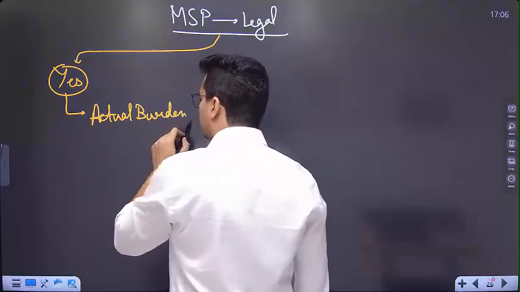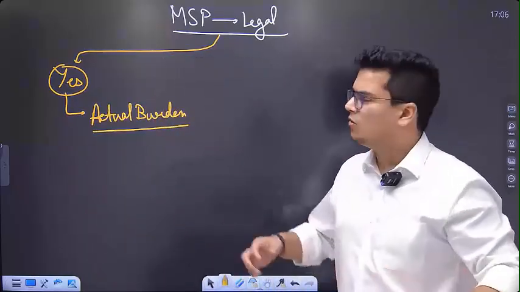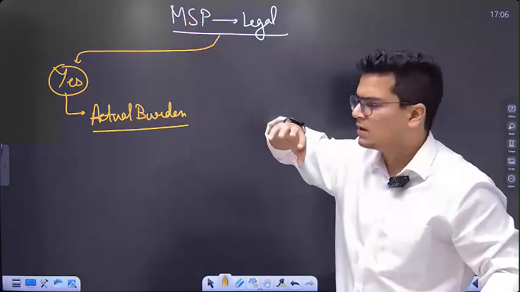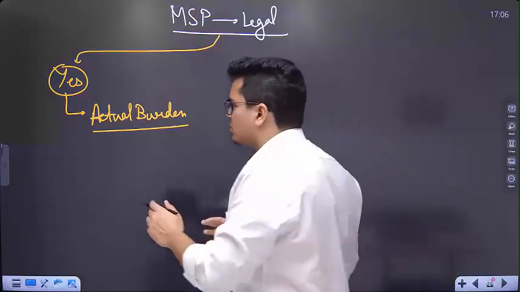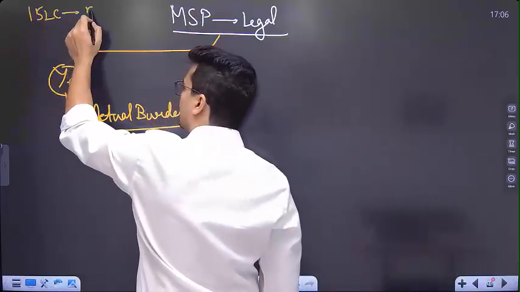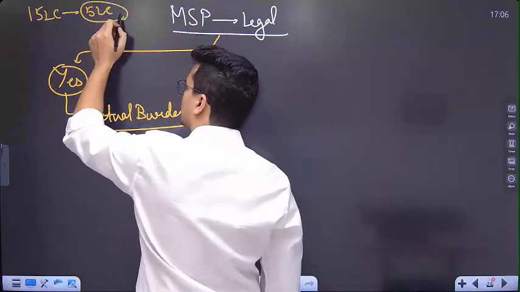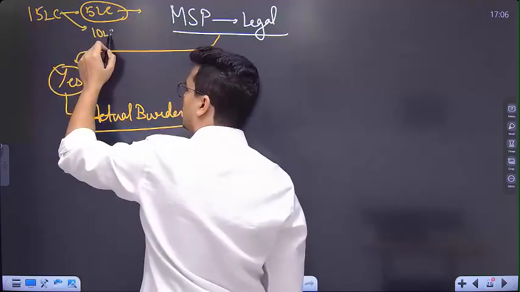they say that this talk that there is a huge burden of MSP on the country, the actual burden is quite low, because Indian agricultural production is close to 15 lakh crores. Out of this, 5 lakh crores gets lost to wastage. 10 lakh crore remains.